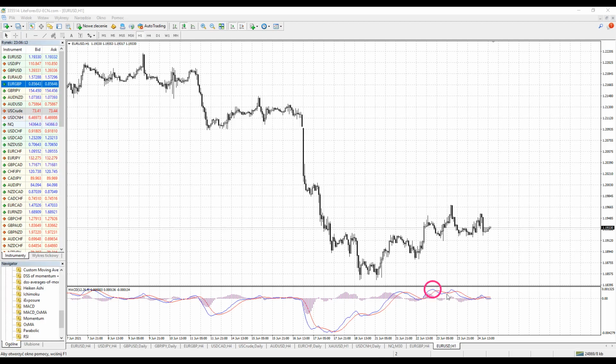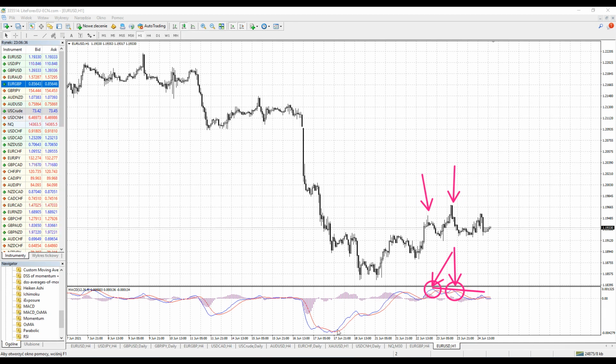So here and here, there is a high, then there is a lower high when it comes to the MACD, all right, followed by a high and higher high on the euro dollar, all right.